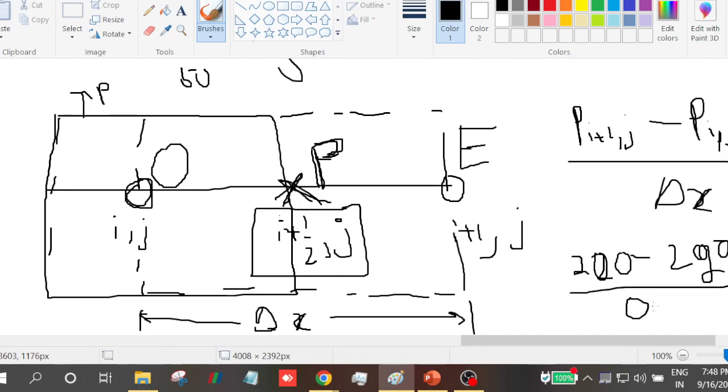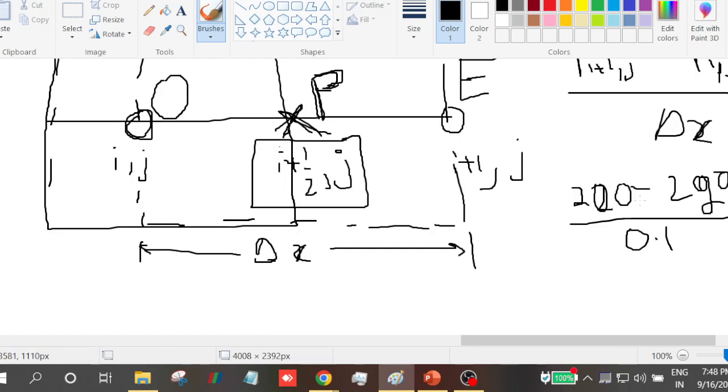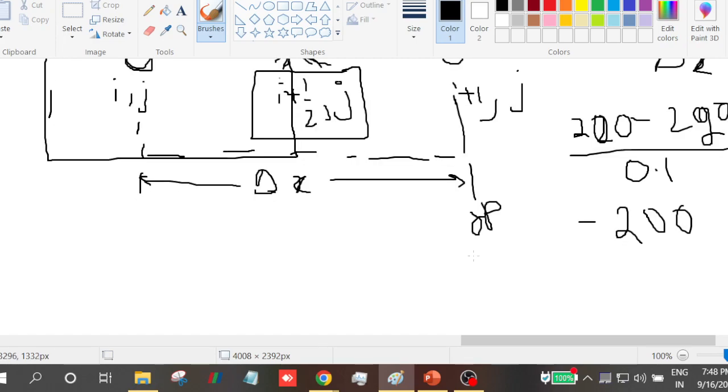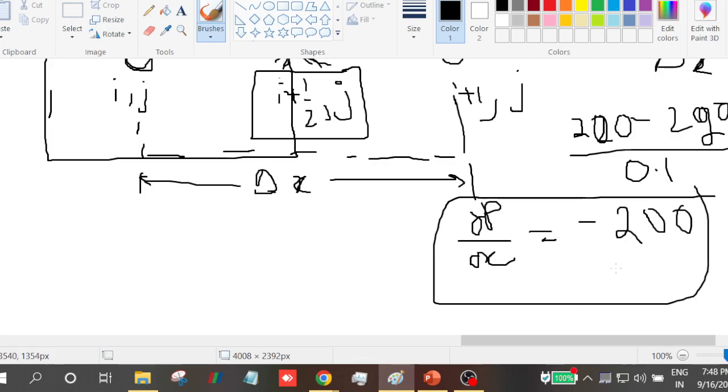What should be the answer? So it is minus 20 divided by 0.1, so it should be minus 200, right? dp by dx. Is that correct? dp by dx should be minus 200.